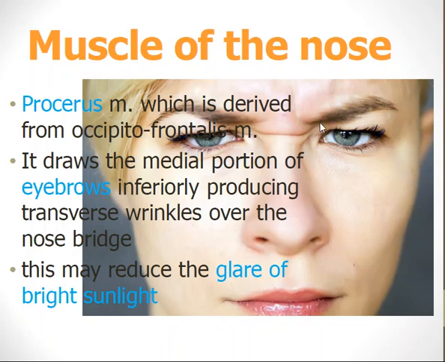This maneuver can be produced when the person tries to shield against the bright sunlight facing him or her. So this is the contraction of what is called the procerus muscle, which produces this important maneuver to prevent the glare of bright lights facing the eyes.